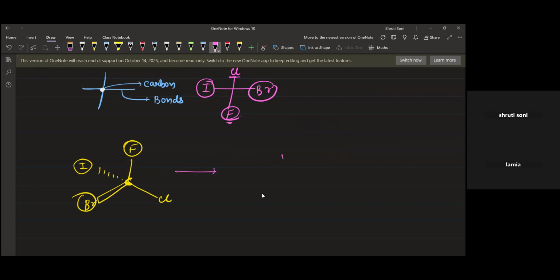One. So okay, I will make this one, one carbon. Then the next step will be that I'll put my eye in the direction from where the wedge and dash lie.